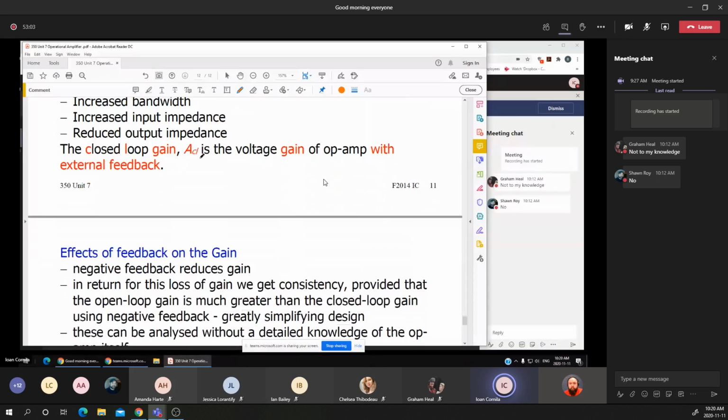Now, the ACL, that's the third term that is used in op-amps. The closed loop means that the op-amp is using an external circuit, or an external group of resistors, for example, that is used to reduce the output gain.